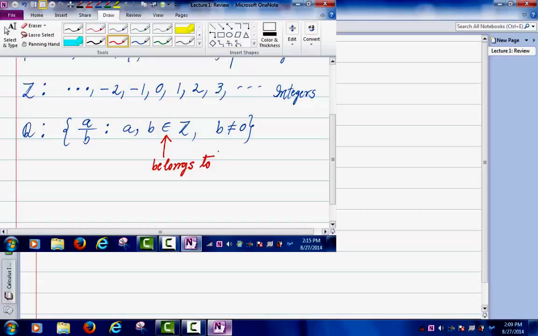Is everybody clear? Okay. So these are our rational numbers.